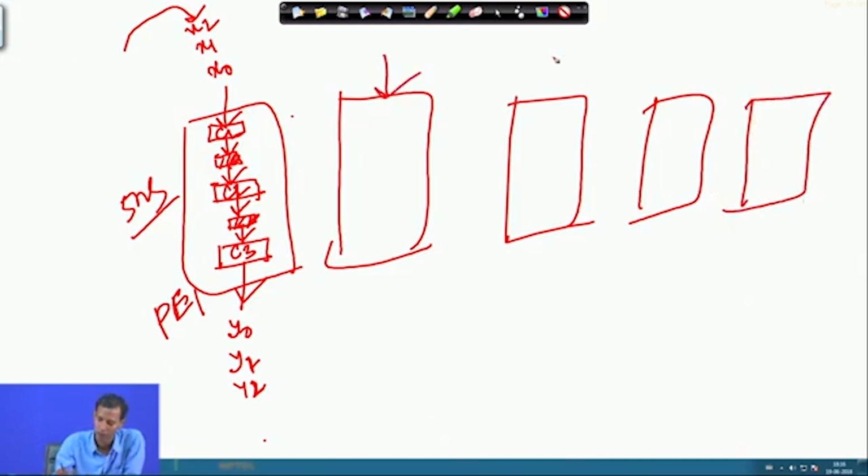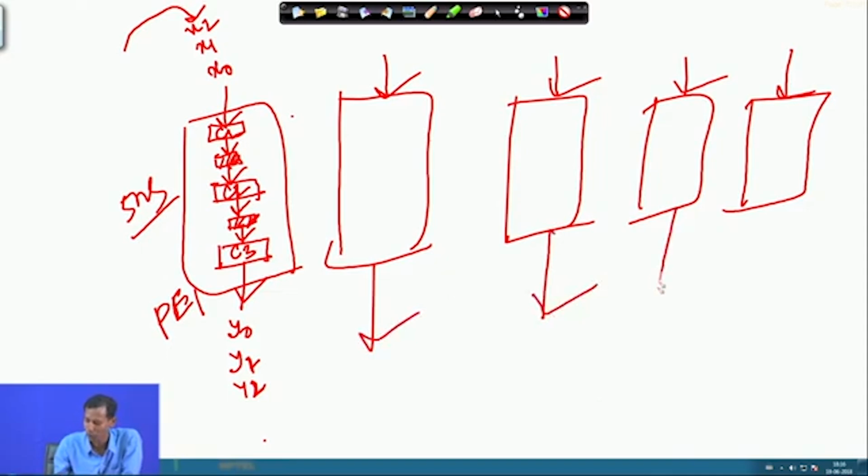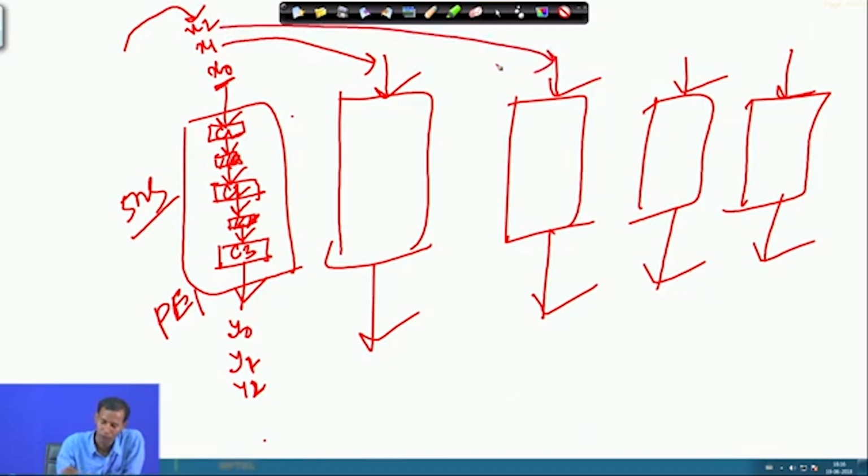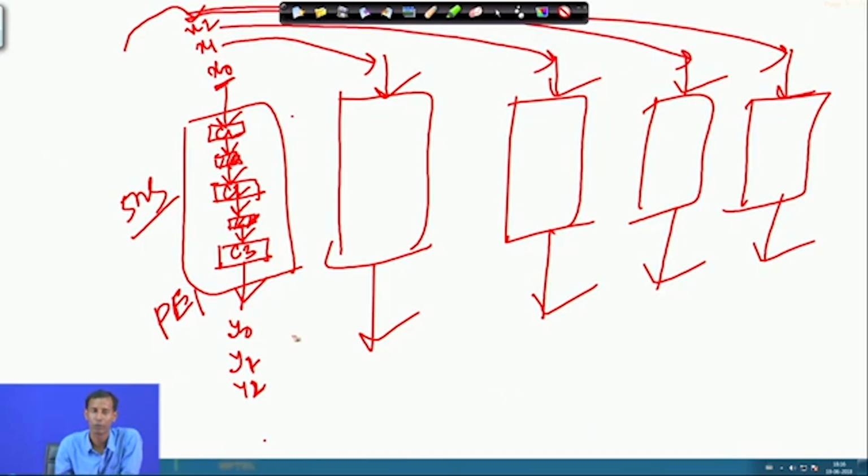Then x0 will come here, x1 here, x2 here, x3 here and x4 here, and it will produce y0, y1, y2, y3, y4.